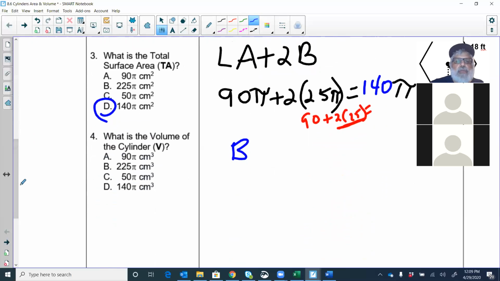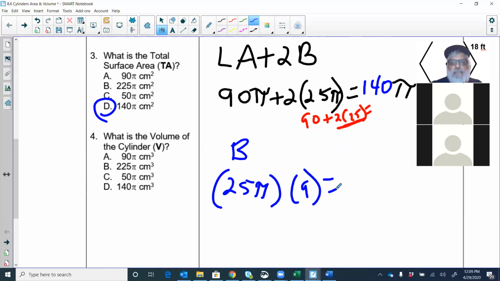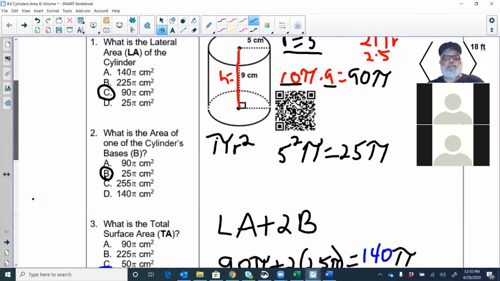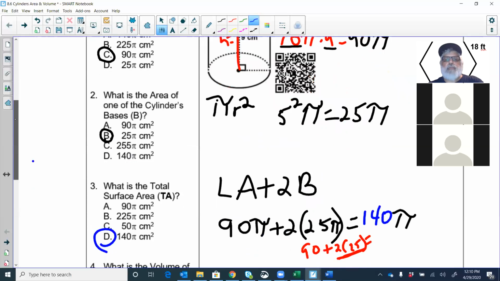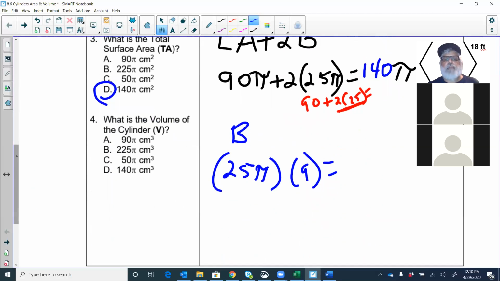So that's 25 times the height, which we already know is 9. Right? Yeah, the height is 9. So we got to put that in our calculator. And remember that pi is part of the answer.